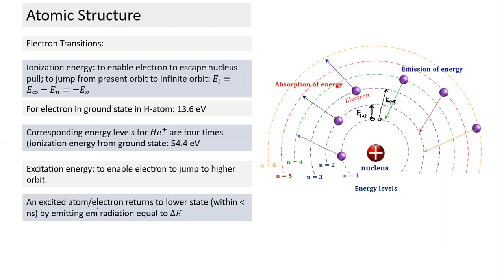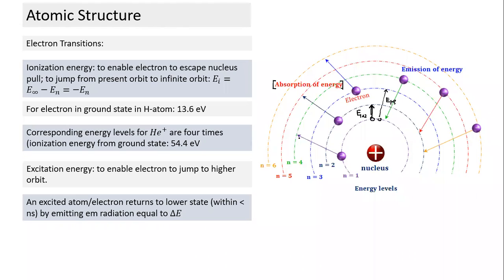And when we talk about absorption of energy, what does this term mean? Let's try and understand. We'll come to that in the next slide. What we notice here is that if we take a hydrogen atom, the electron will be in the ground state. If we give energy to its electron, it moves to a higher orbit, but it doesn't remain in the higher orbit.